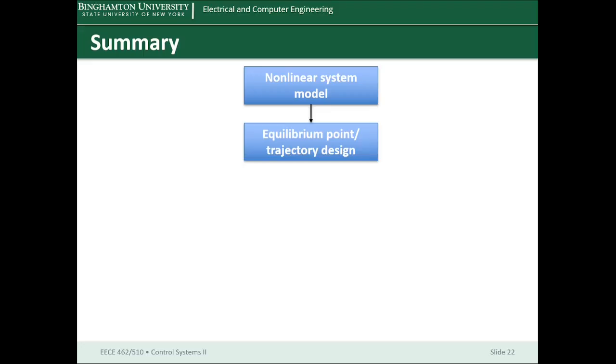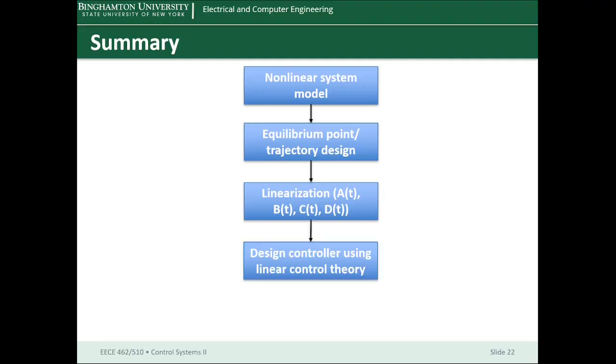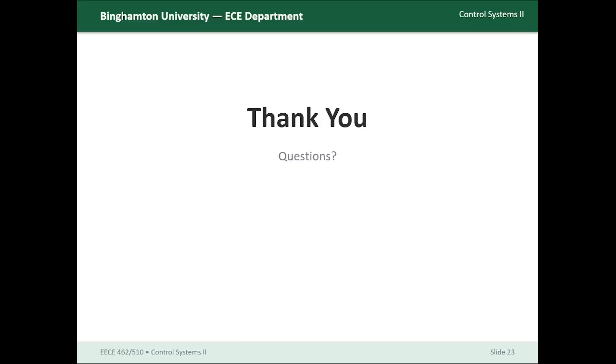Then we derive the equilibrium point or desired trajectory, and then linearize the system around the desired trajectory and derive A of t, B of t, C of t, and D of t, and then design the controller using linear control theory and apply the controller to the nonlinear system. That's it. It's the intuition behind linear control theory. Thank you.